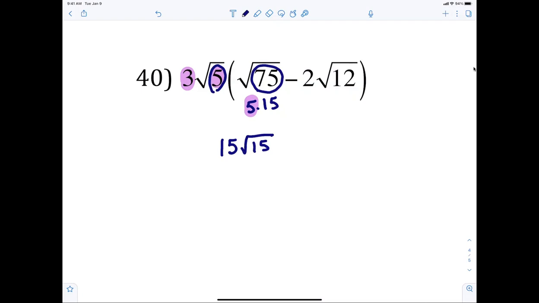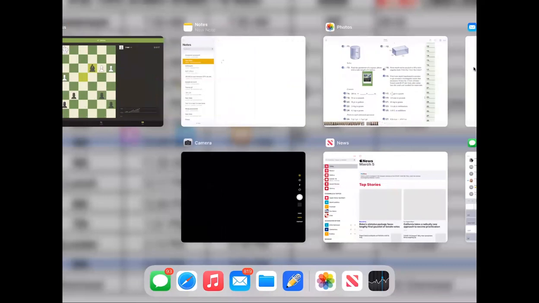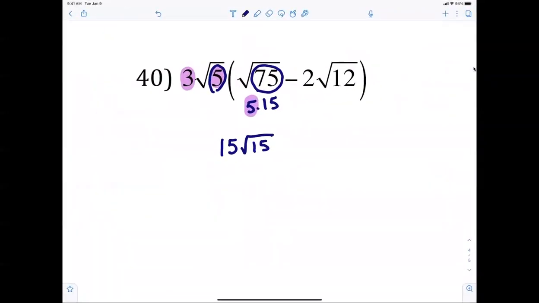Radical 5 times radical 5, you said was what? No, would be what? 5. Right? So how did I get 15? There's a 3 out there, am I right? So what do you think you do with the 5 and the 3?